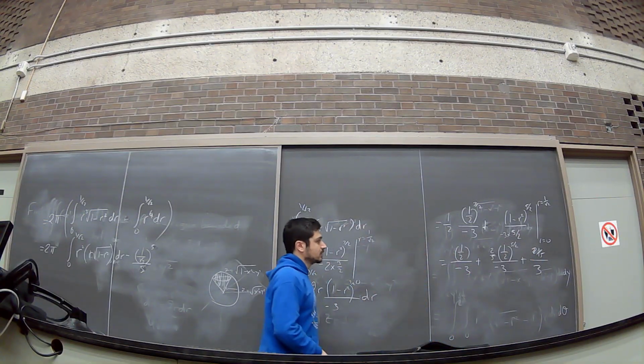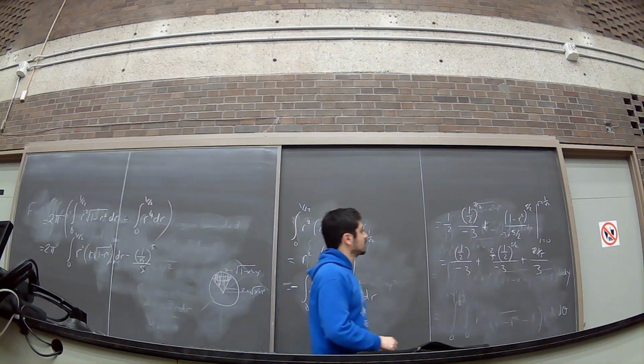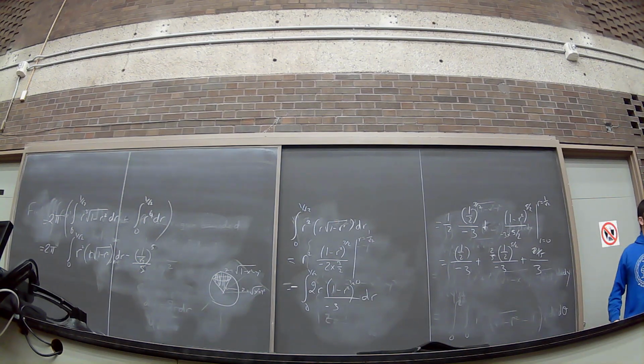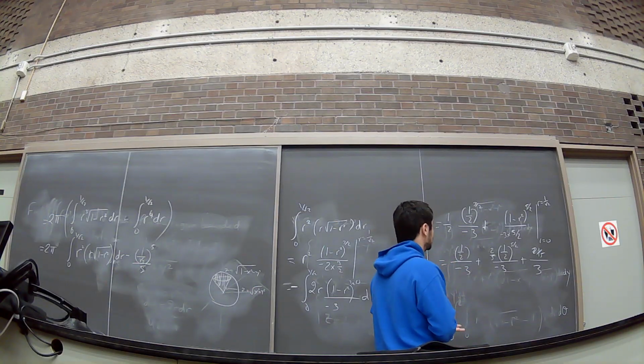Is that it? Do we get this or not? Yes? Did we get that? I could have easily messed it up. So I mean, we're integrating a positive function, so the answer has got to be positive.